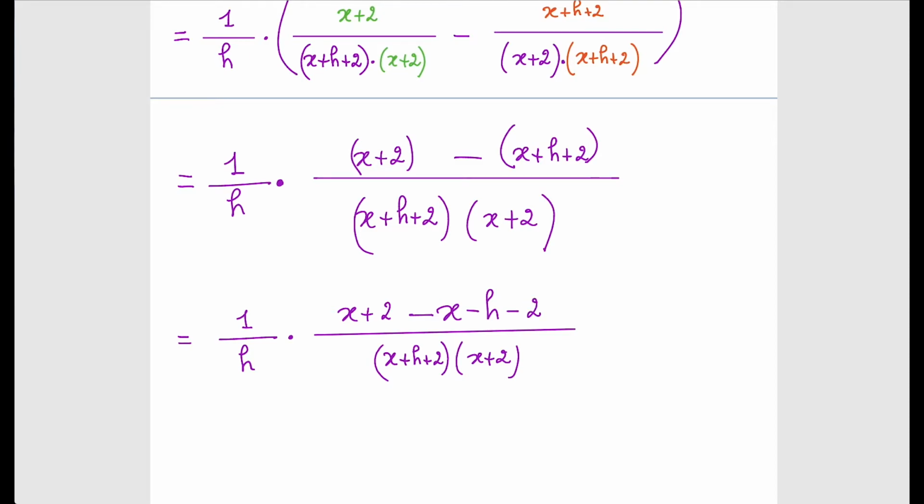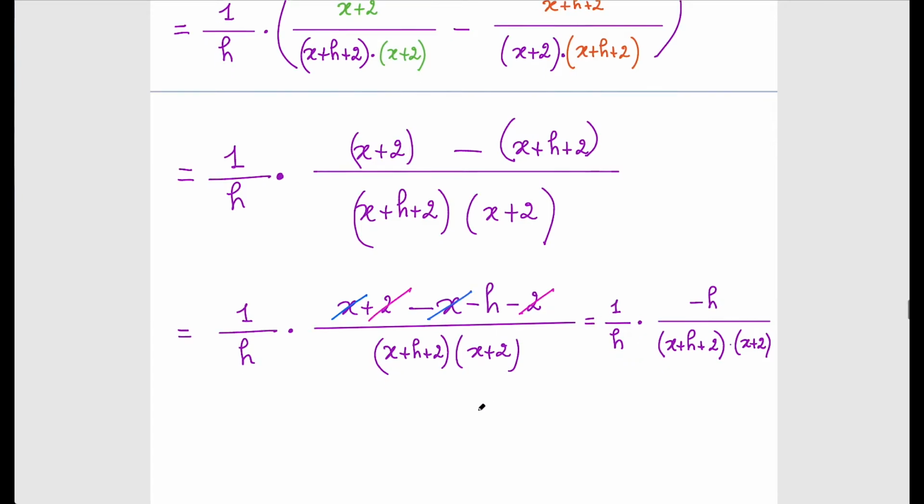Let's now simplify. x minus x, 0. 2 minus 2, 0. So the only thing that survives upstairs is simply negative h. Correct? So we have 1 over h, that's this guy, times negative h, that's the survivor upstairs, divided by the product of x plus h plus 2 times x plus 2.